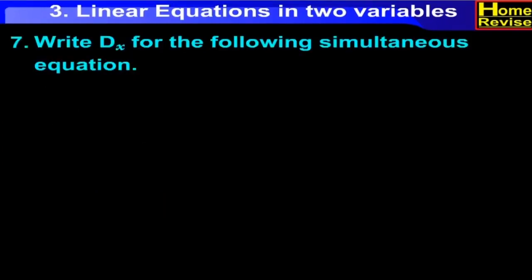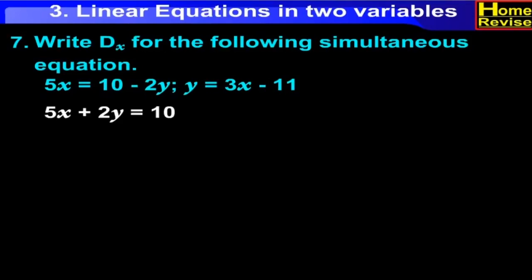Find Dx for the following simultaneous equations. 5x is equal to 10 minus 2y and y is equal to 3x minus 11. These equations can be written as 5x plus 2y is equal to 10 and 3x minus y is equal to 11.